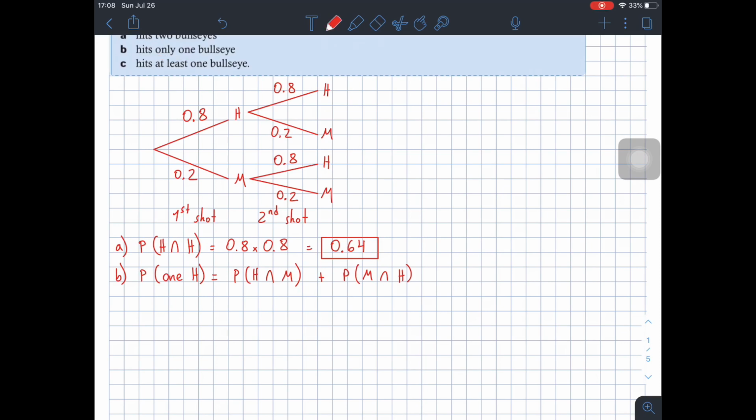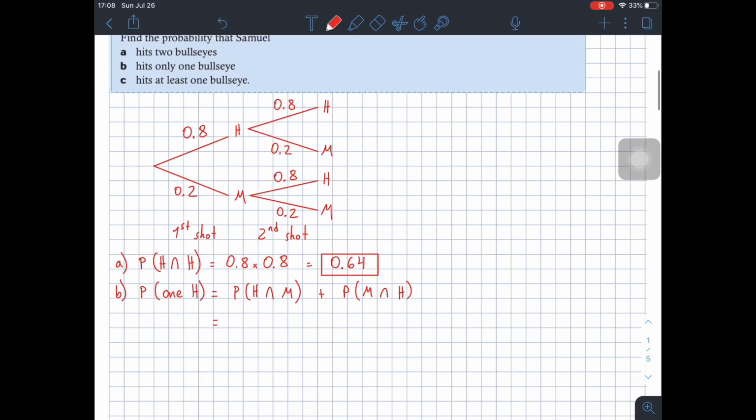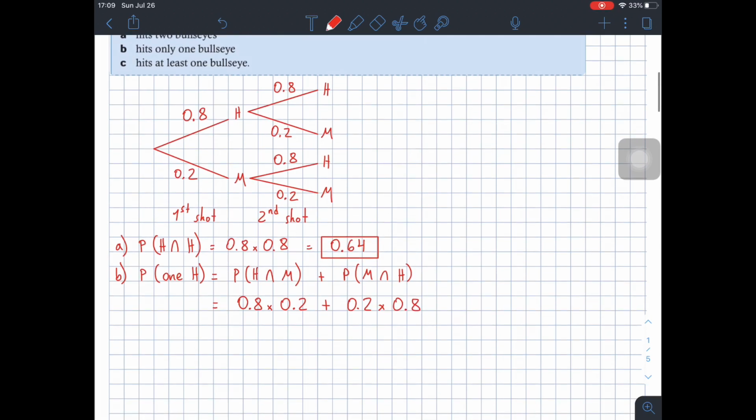Now I need to write the probabilities. In the first case, this would be 0.8 times the probability of missing, which is 0.2, plus, and the other option in the universe is missing first times hitting in the second shot.